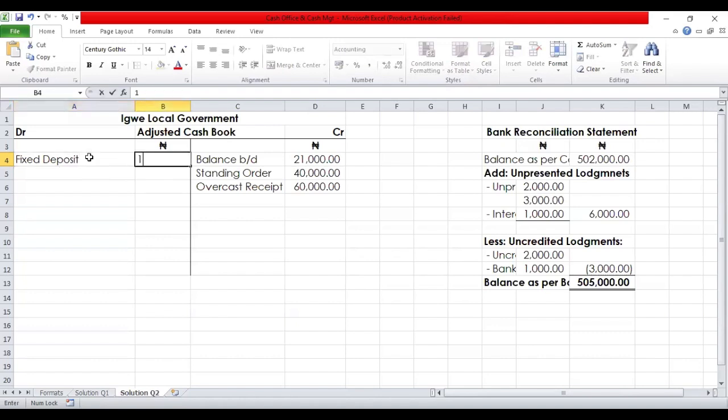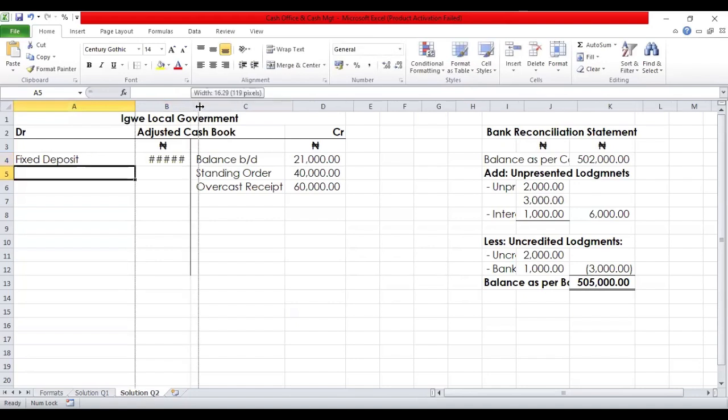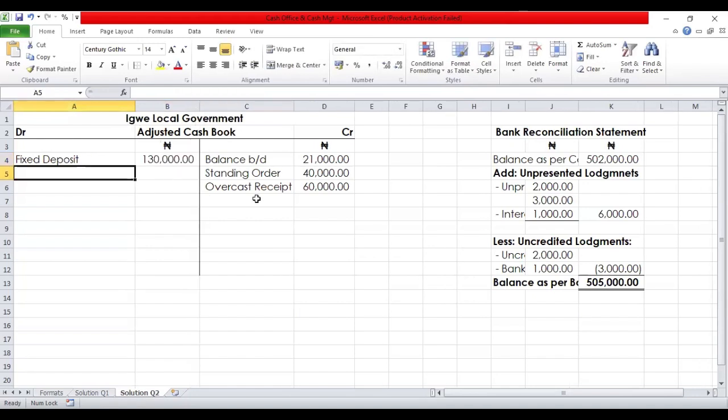How much? 130,000. So how do we get that 60,000, sir? 71,000 minus 11,000. Then the second leg is the fixed deposit account. Debit this, credit that.